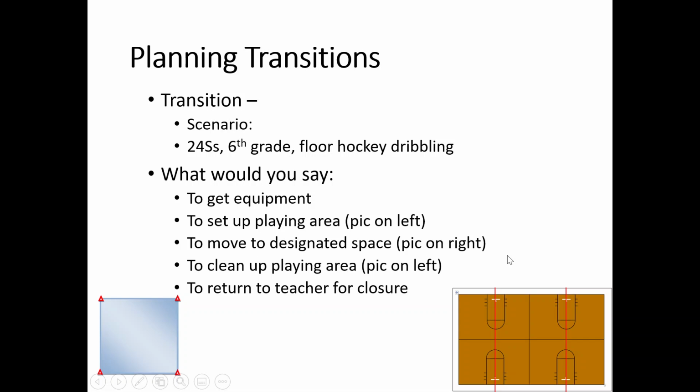Move to designated space. So using this picture on the right, you can see the gym is split up into 1, 2, 3, and 4 quadrants, or even 1, 2, 3, 4, 5, 6, 7, and 8 quadrants using all the lines in the gym. So you might say to your students, all right, in each group of 3, I want you to go find one of the 8 quadrants.